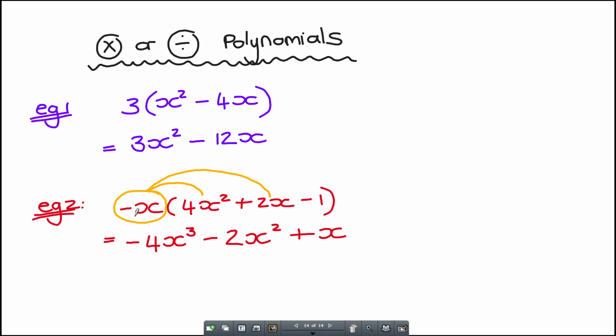So minus 1 times positive 2 will become minus 2. And x times that x will become x to the power of 2. Does it make sense so far? X plus x is something different than x times x. 2x. Okay, then minus x times minus 1.